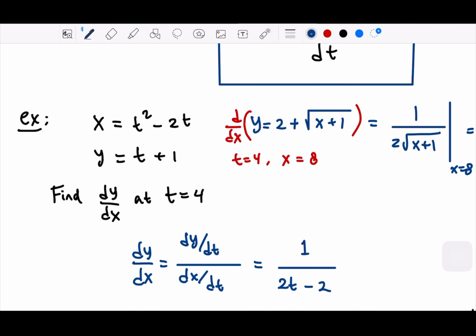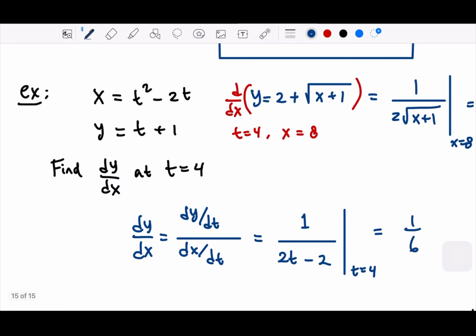Okay. Remember, this is y, this is x. Sometimes students mix this up, and think this is x, this is y. So sometimes this mistake happens. So this will be the result, and we are going to evaluate at t equal 4. Okay. So it's 8 minus 2, it's 1 over 6, okay?